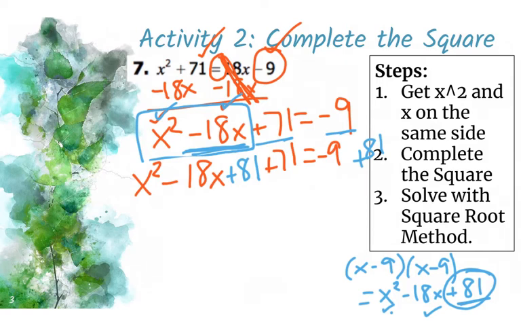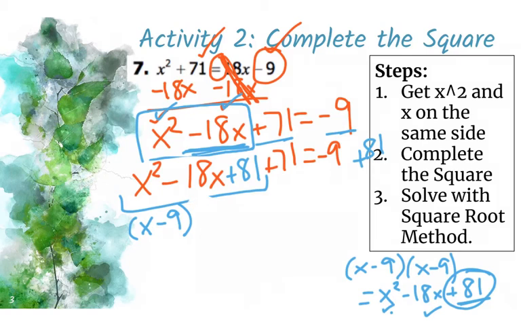Okay, all right. So now I know that this is my perfect square trinomial right there. So I'm just going to rewrite that with the factors that we found earlier. X minus 9, and instead of writing x minus 9 times x minus 9, I'm just going to put x minus 9 squared.